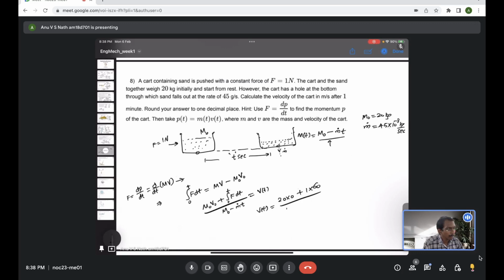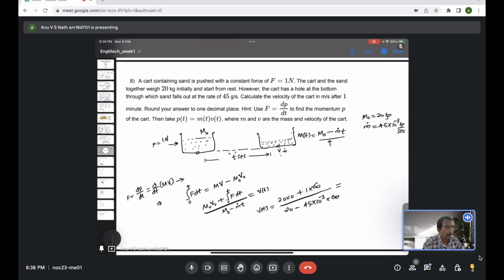So here m0 is 20 minus m dot, which is 45 gram per second, converted to kilogram, 45 into 10 raised to minus 3, times the time, again 1 minute, that is 60 seconds.